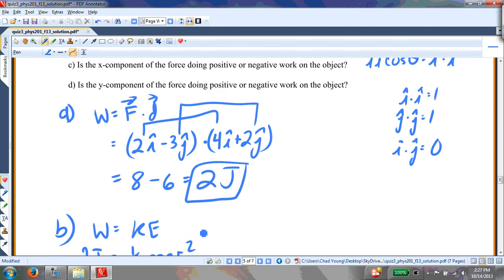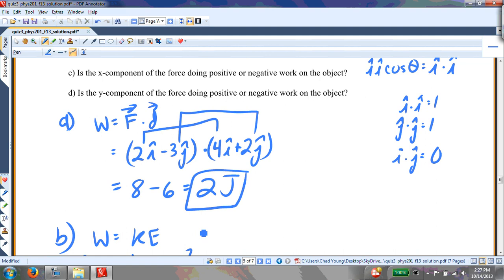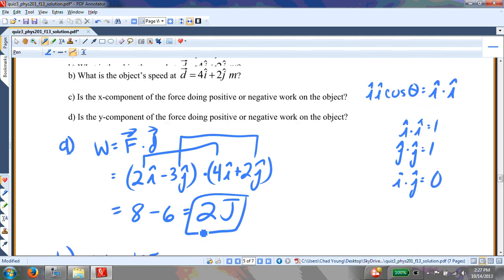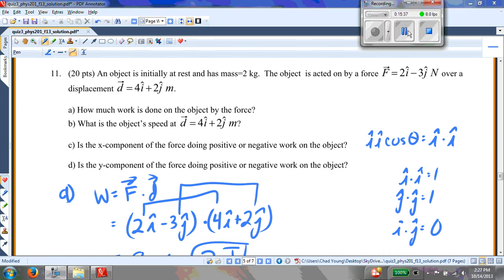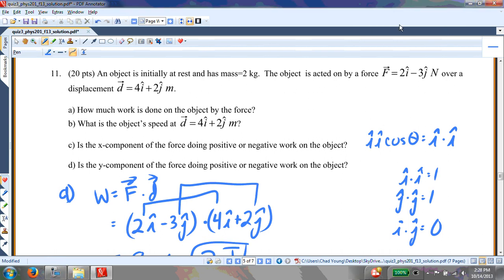That's part B. Part C: is the x component of the force doing positive or negative work? Notice the x component of the force is positive and the displacement is positive. They're both in the positive x direction, so that is positive work.